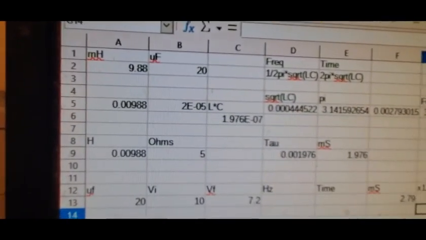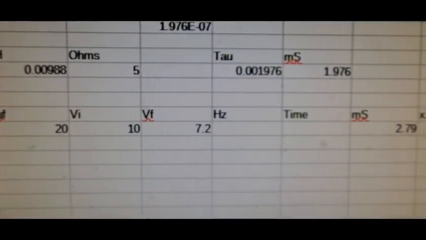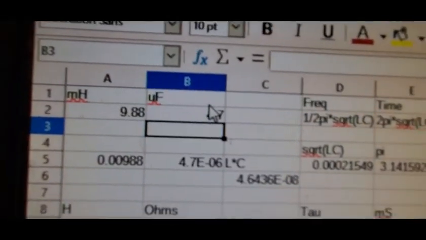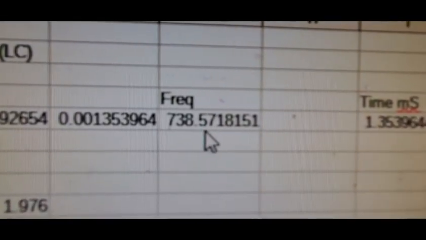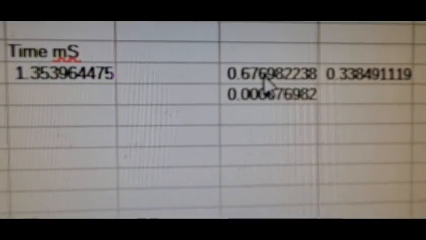So if we go back to the spreadsheet and we throw 4.7 in there, now we see that the frequency is 738 hertz and about 677 to when it's most negative.